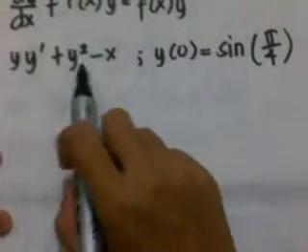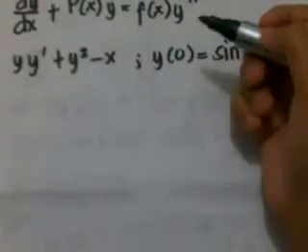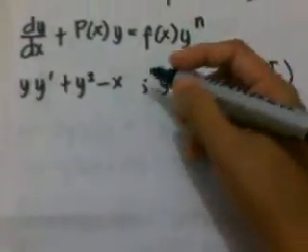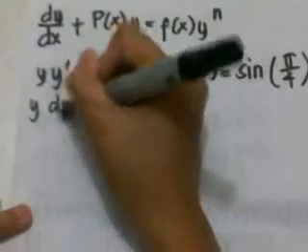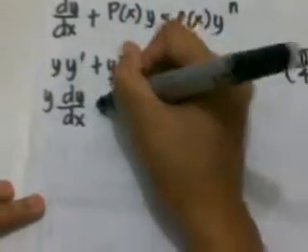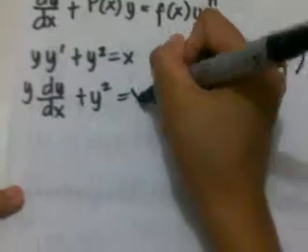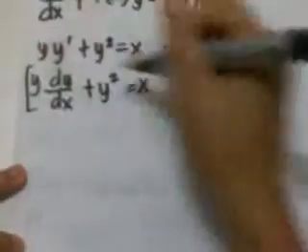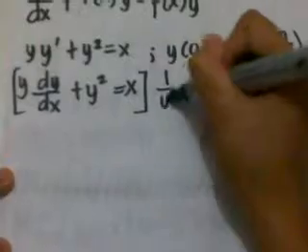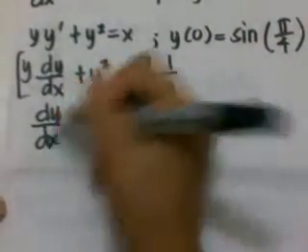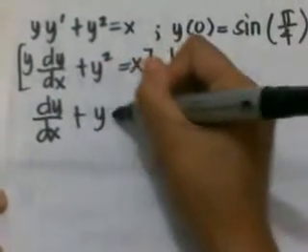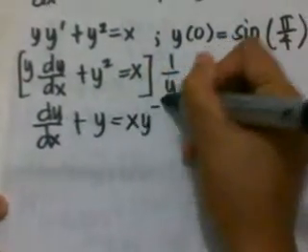From this given equation, we should transform it into its standard form, which is y dy/dx + y^2 = x, and it will be multiplied by 1 over y. It's now dy/dx + y = x y^(-1).